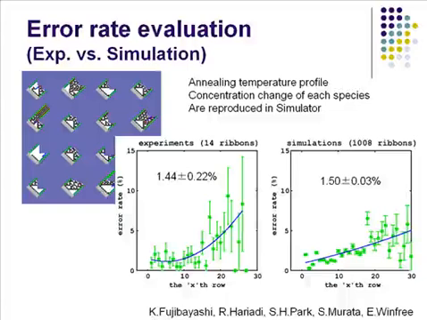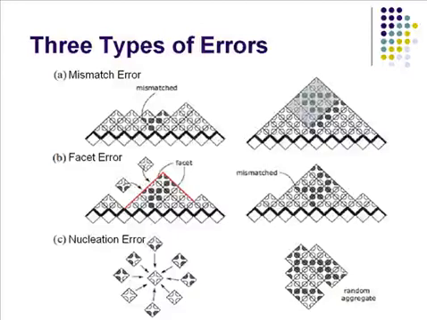And so let me explain some detail of the errors on the DNA tiles. So here is one of the most typical errors, which is a mismatch error. So from the initial structure, those tiles are perfectly assembled. But here, the new tile comes, but it has only one correct bond. So the stickiness of this tile is quite weak.